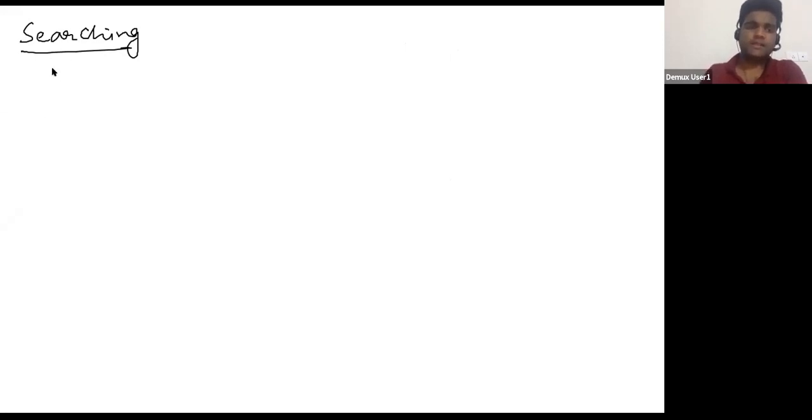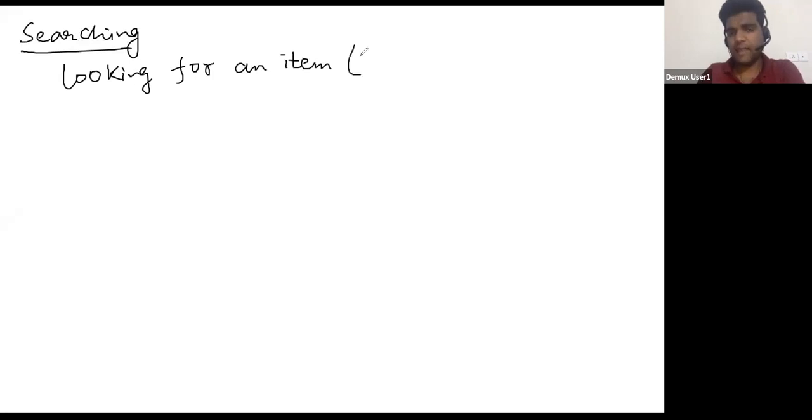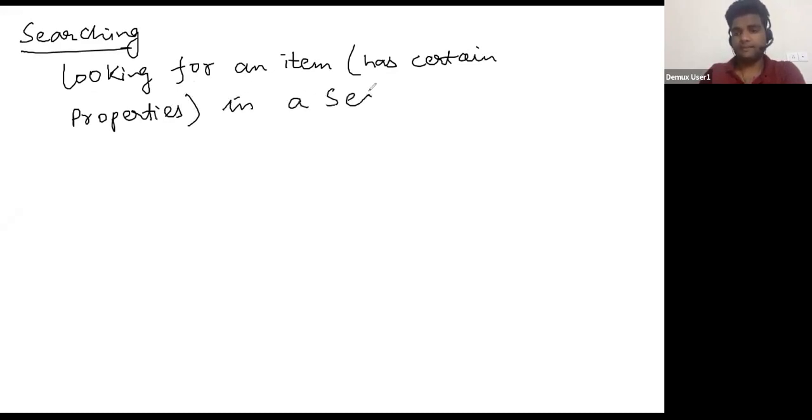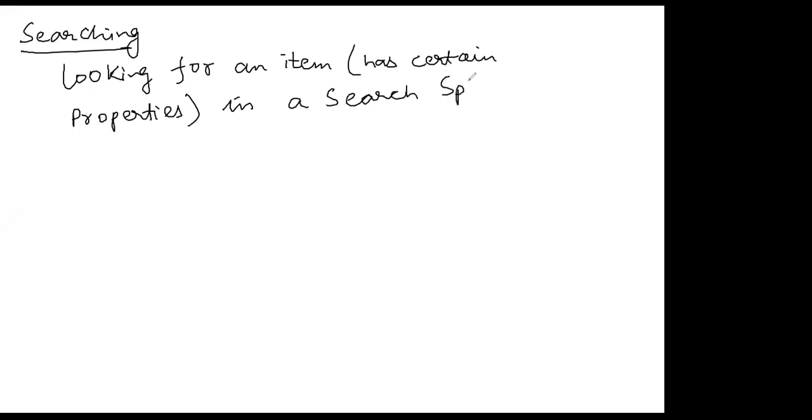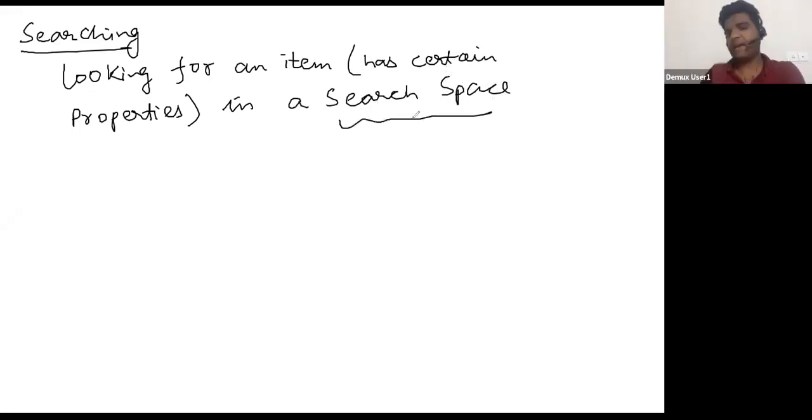So searching is basically you are looking for an item, and this item has certain properties. So what you are doing when you are searching is looking for an item which has certain properties in a search space. The search space is basically the entire space where all the items are present.